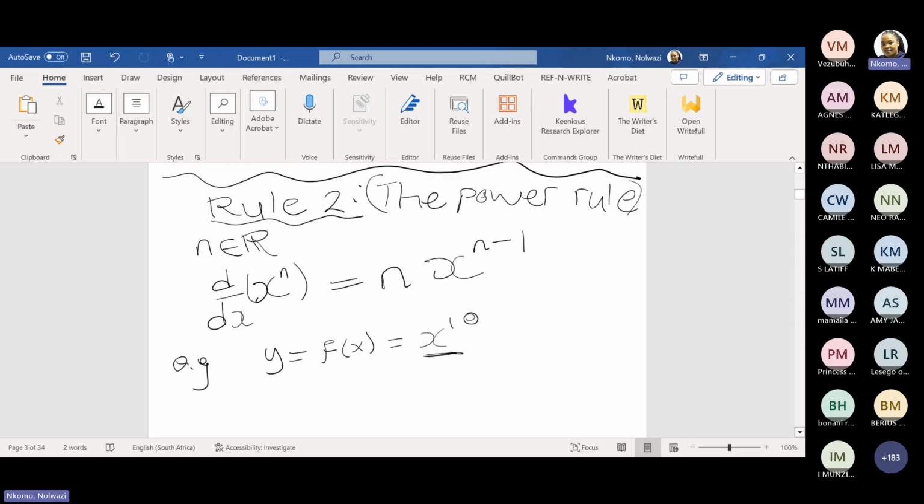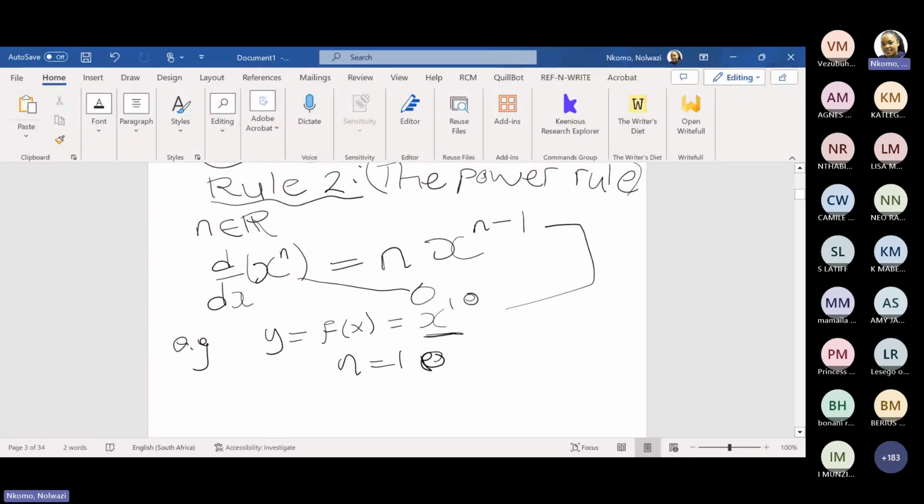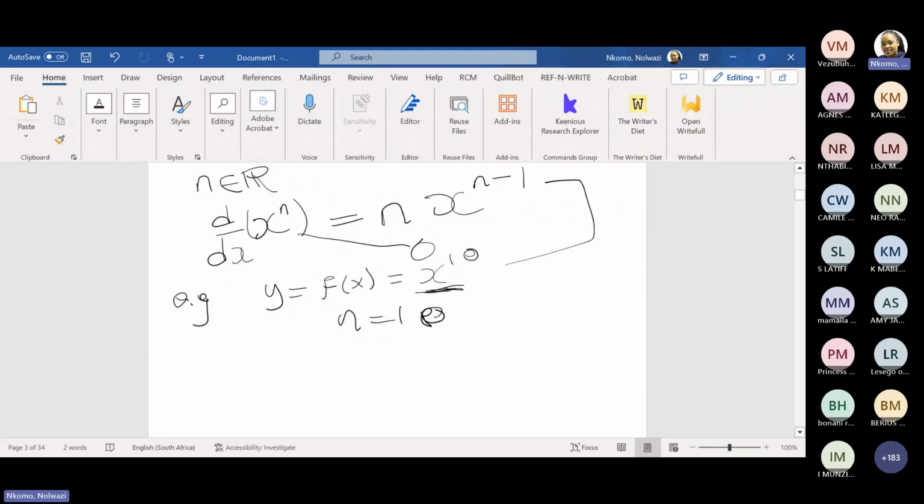If you compare these two functions, this means your n is equal to 10, right? So if we use this rule on this function, where there is n, you write 10.